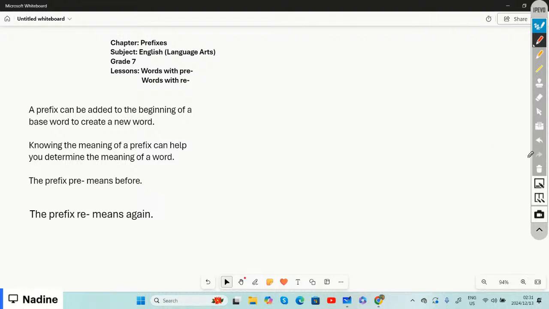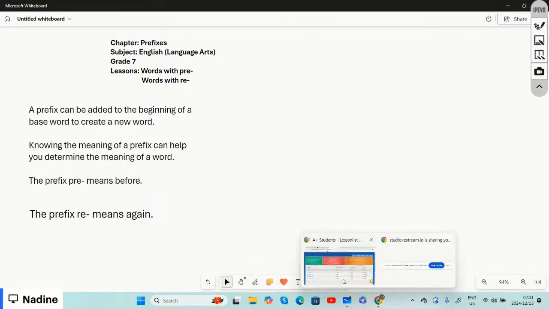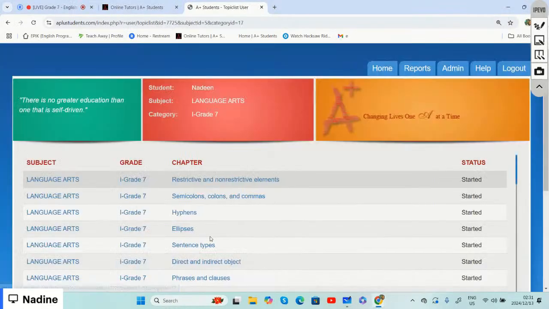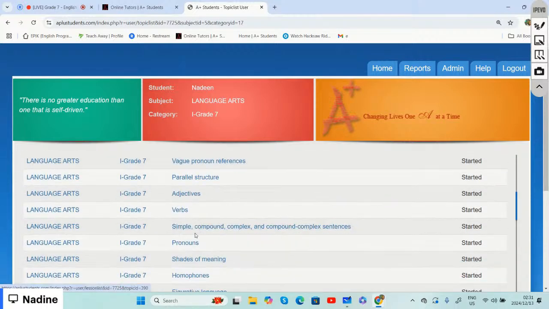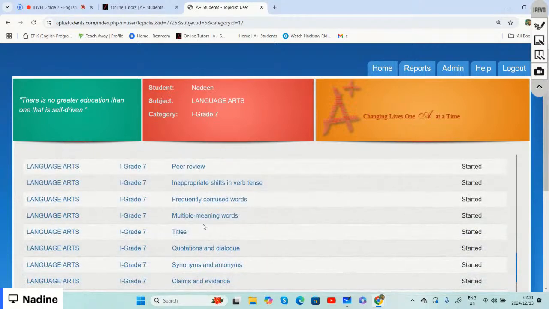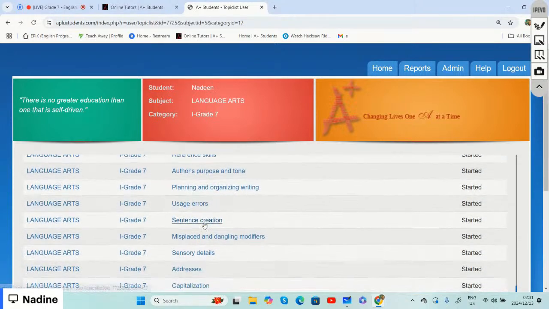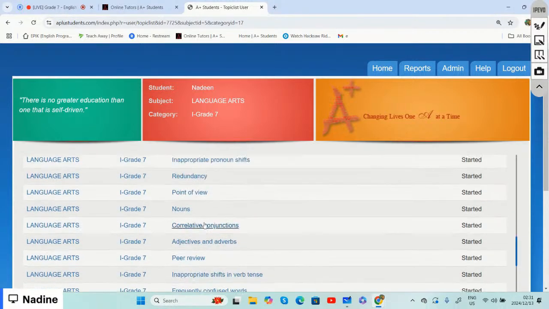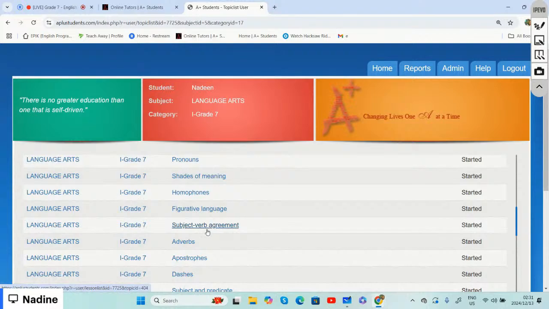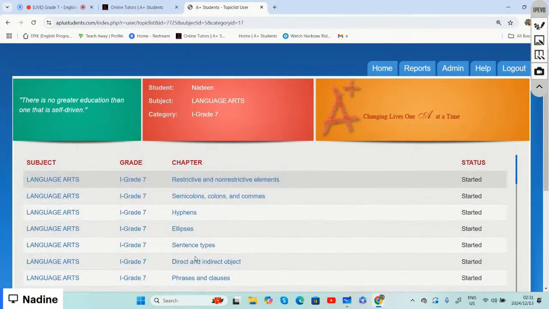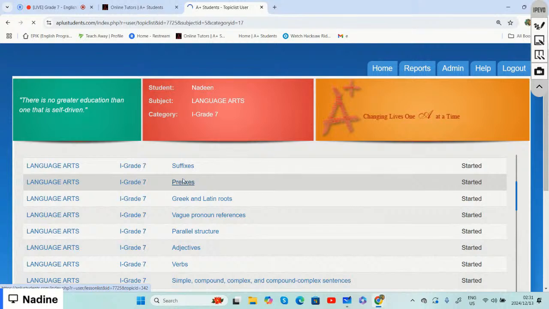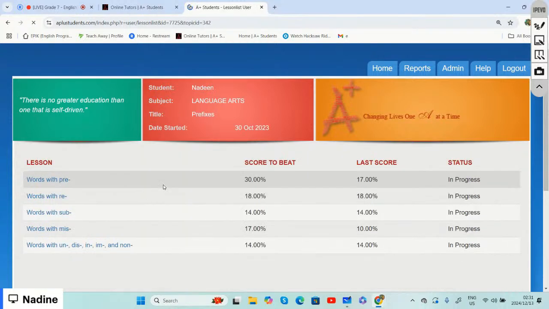All right, so now we're going to our test, and we are about prefixes. So now we're going to words with pre.